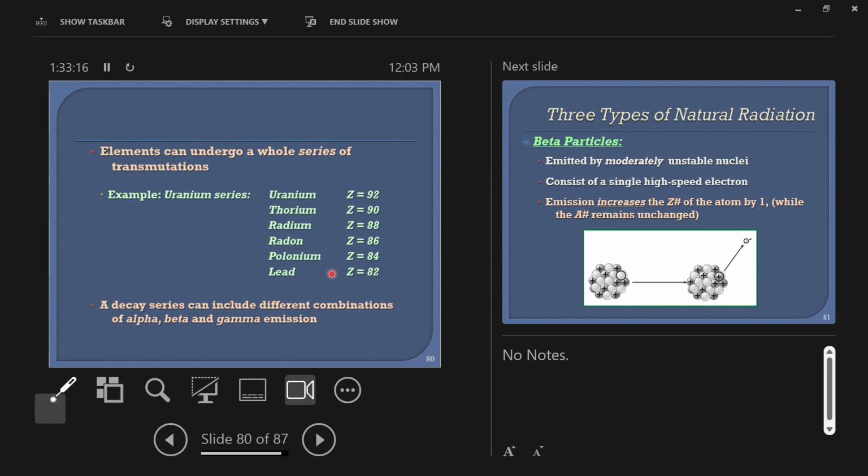Now, it doesn't have to go uranium, thorium, radium, radon, polonium, lead. It can go in whatever order depending on the type of emission. Sometimes the emission is a beta emission, in which case it gains a proton. Okay? But right now I'm just giving you the alpha emission version of this where it loses 2 each time.